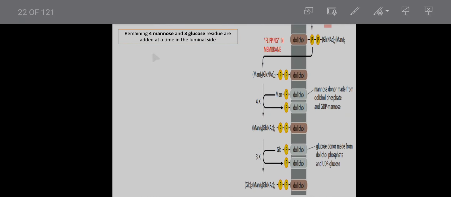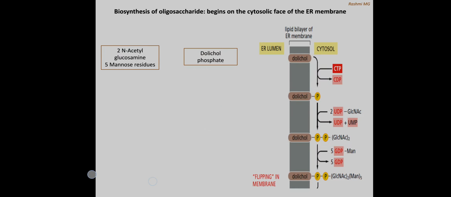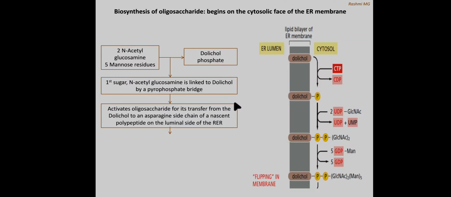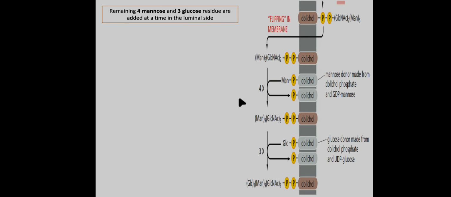As I showed in the previous picture, before attaching, this unit and this will be separate. First the biosynthesis of this oligosaccharide takes place, then in the next stage it attaches to the asparagine side chain. Okay, I hope you got to know.